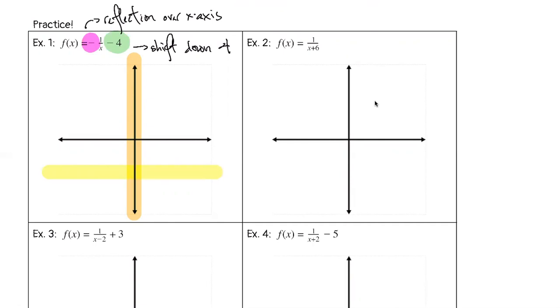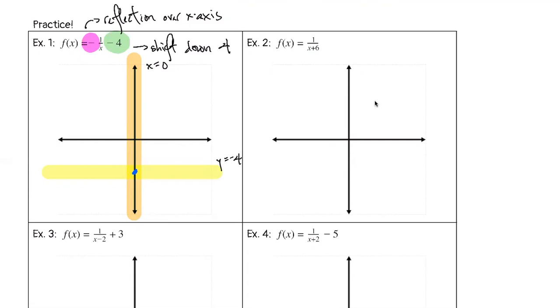Okay, let's write those equations in before we get too carried away. We've got x equals 0 and y equals -4. Okay. Now remember what we said about our center point. Our center point is actually the intersection of our horizontal and vertical asymptotes.